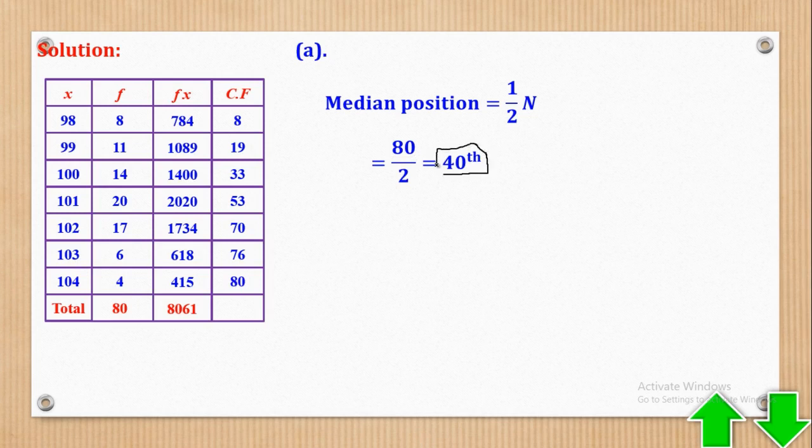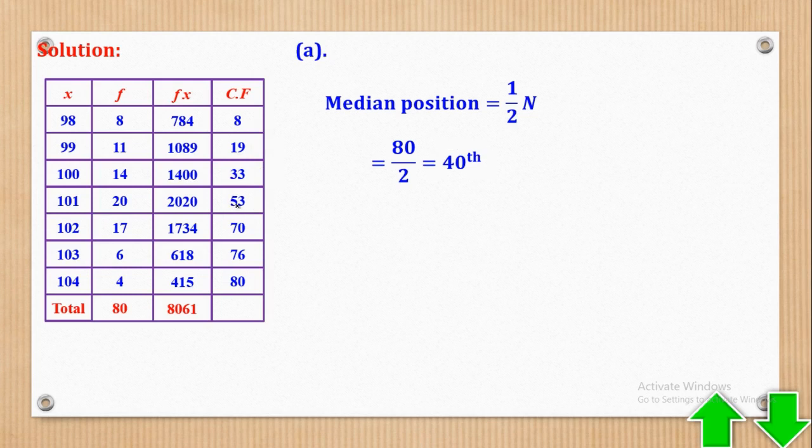So how do we get this 40th position? That position is got from cumulative frequency. So you go and look for a value which is slightly greater than 40 or equal to 40. So if you look at this, 8 is not, 19 is not, 33 is not, but this is greater. So this will be the value which is just greater than 40, because the one before it is 33, which is less than 40. So we have to take this value.